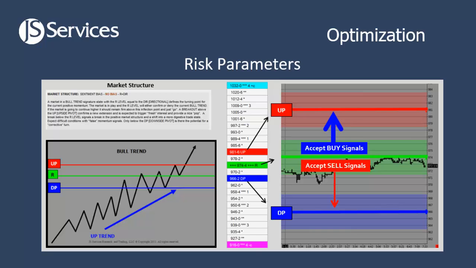Note in this example that the accept buy signal arrow is larger than the sell, which represents the value of the opportunity due to the context in which the signal is occurring. Buy signals above sentiment have a greater value than sell signals below sentiment in a bull trend market state. This fact offers a systematic approach to allocate size by differentiating the value of an opportunity.